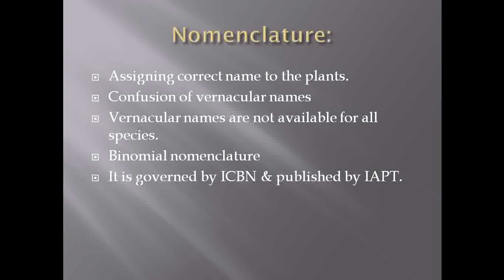Or if I include the name Vigna Kokanensis, this is the species which is restricted to the Konkan region. That's why it has the name Vigna Kokanensis. So this type of nomenclature is known as binomial nomenclature, and it is governed by ICBN.